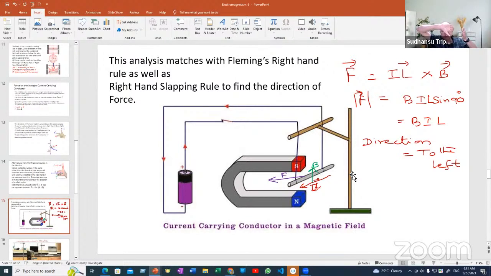the B vector. The current vector, I mean the length vector, is upwards.